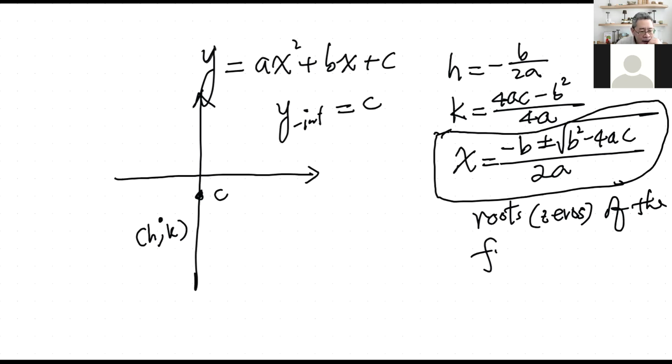Okay, so we'll find the y's here, then we find y's here, and we know the axis of symmetry is at x equal to h, because this is a vertical line when x equals h. So everything is symmetrical around this line.